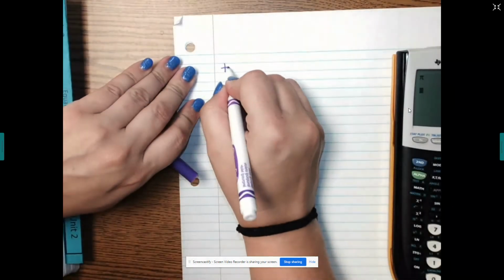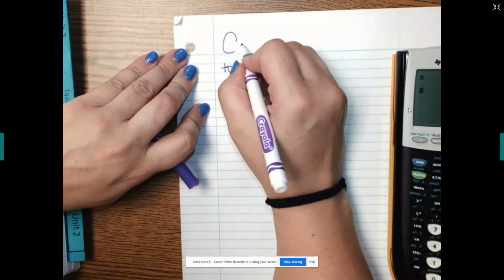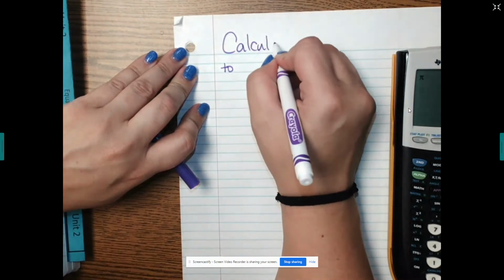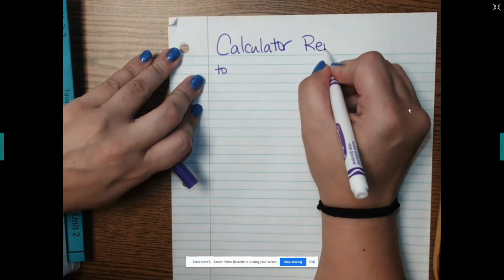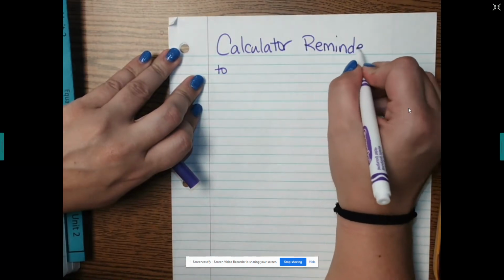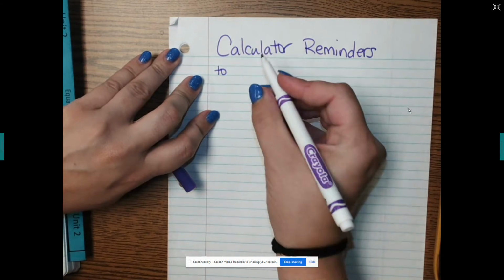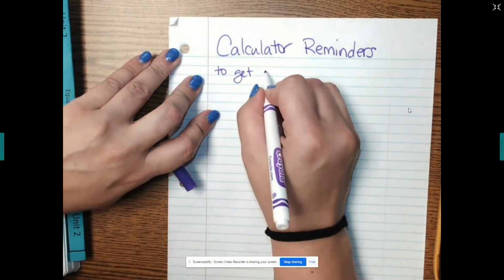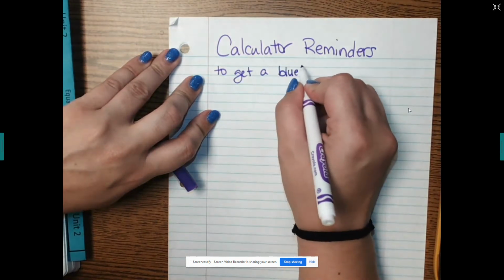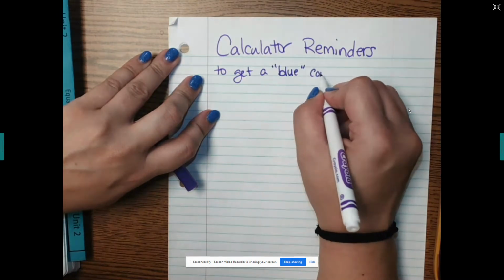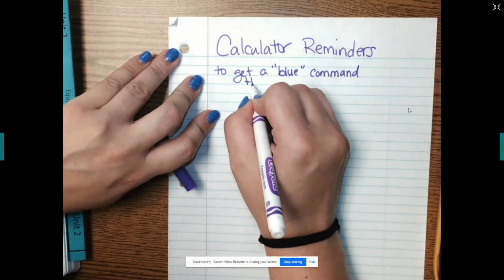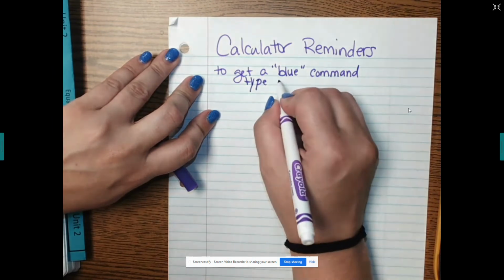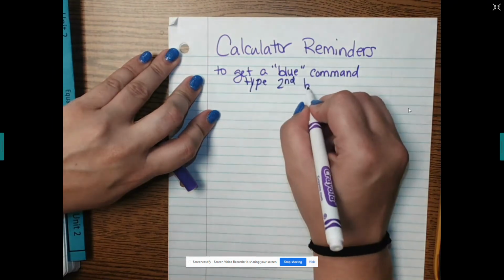To get to a blue button, we'll call this calculator reminders. Again, if I'm writing, make sure you are writing this in your journal. Okay, so to get a blue command, type or push the second button.